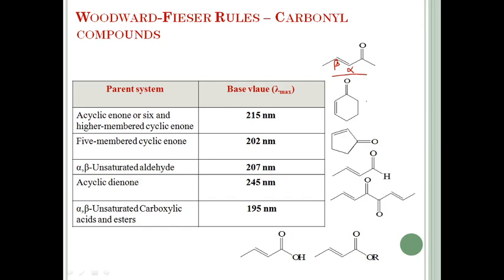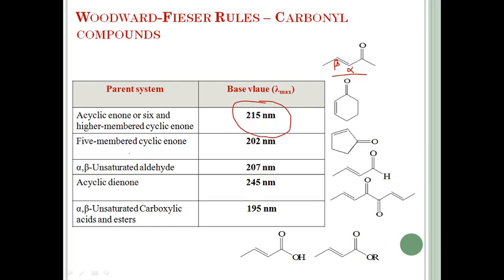So whether it is a 6-membered cyclic enone, a 7-membered cyclic enone, or an acyclic enone, like this or like this, if any of these systems is present, then you have to give the base value 215 nanometer for the cyclic enone and acyclic enone.